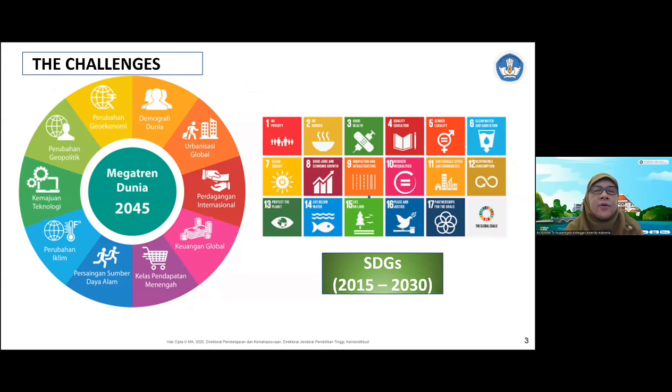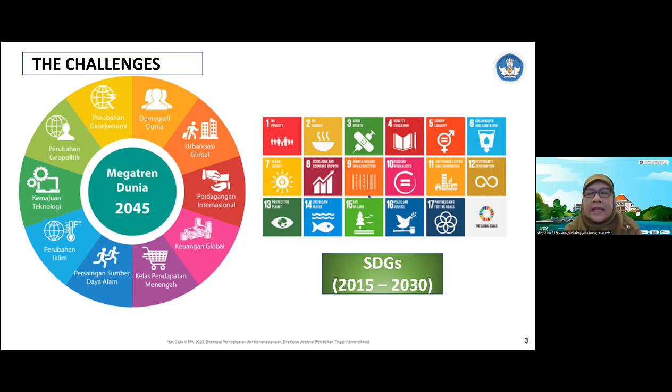Because we know that the SDGs challenges run until maybe 2030, but after that we will enter the mega trend in 2045, from 2030 until maybe 2045.